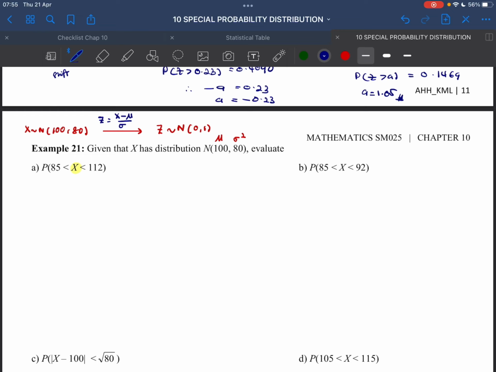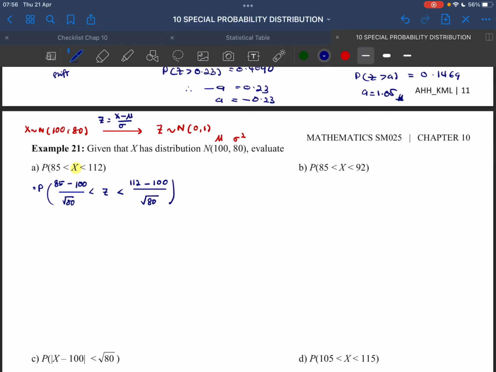So first things first, we change this to P of Z. Here we have x is 85 minus mu, which is 100, divided by the standard deviation, square root of 80, and here we have x is 112 minus the mean mu, divided by square root of 80.